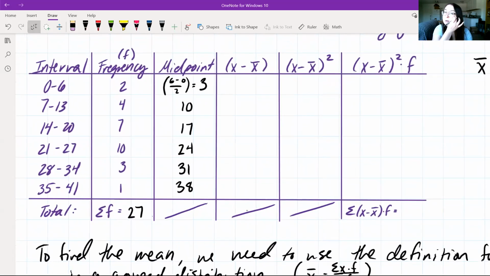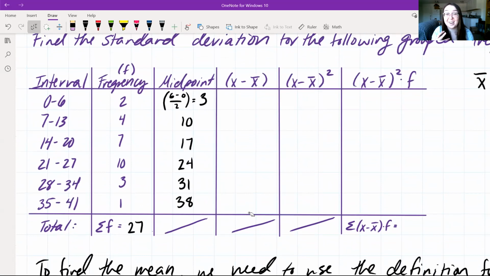Remember, we're using our midpoint as x. So we're taking 3 minus 19.85. I'm going to write it above. These columns are not big enough. So remember, this is x for our midpoint minus 19.85. For our first point, we're taking 3 minus 19.85.